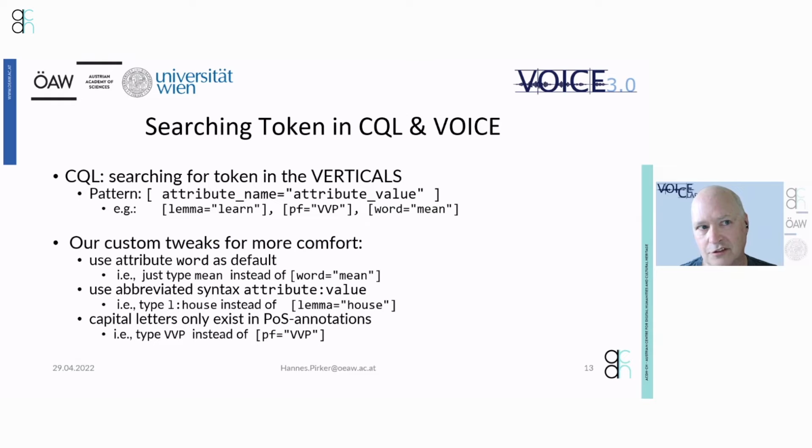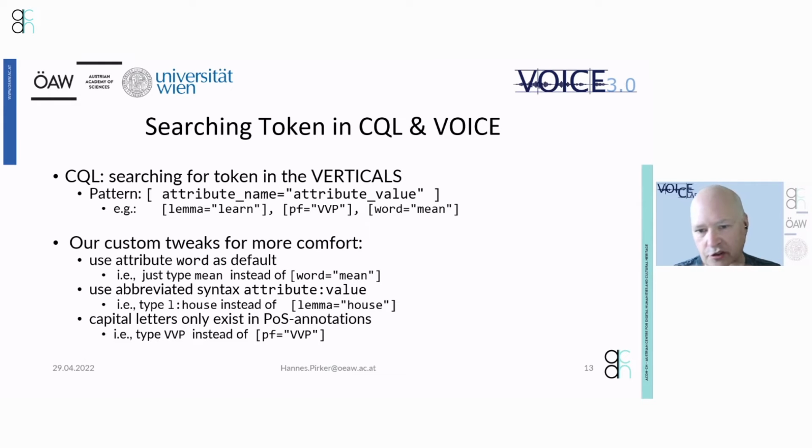So let's have a look at the CQL, which I provided you with a short glimpse of before. When explaining the verticals, I distinguished between tokens on the one hand and these additional XML elements on the other hand. Accordingly, the CQL also distinguishes between these two types of information.